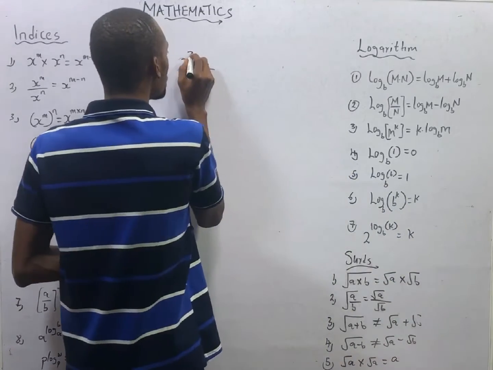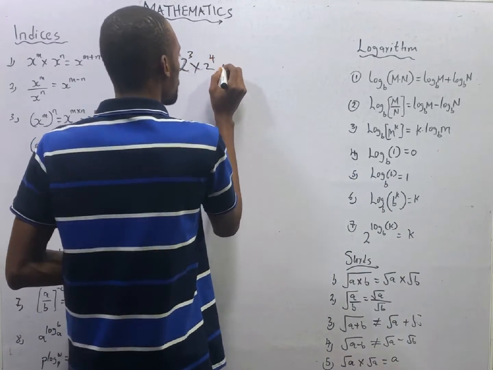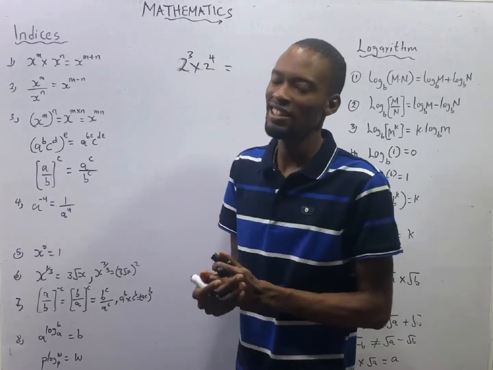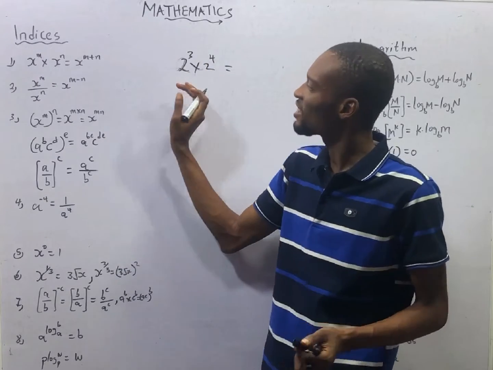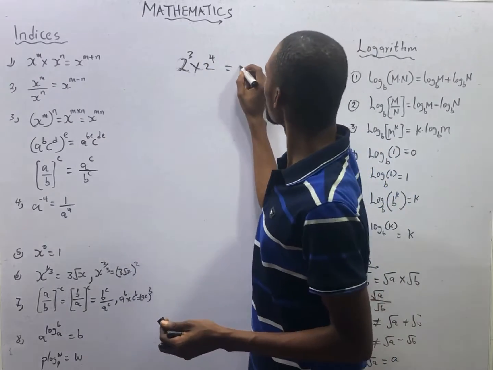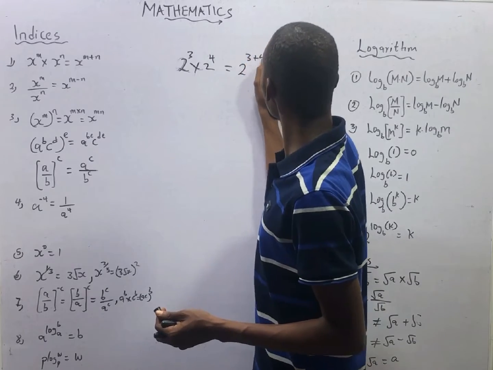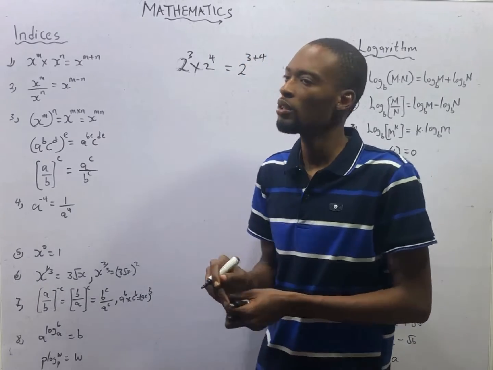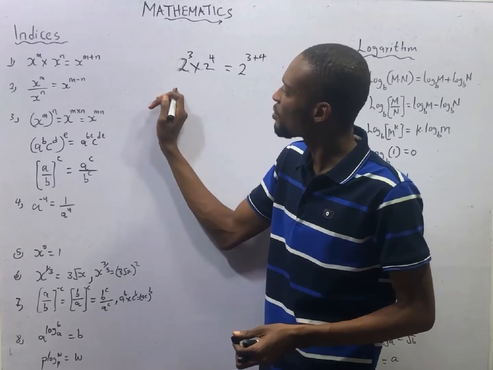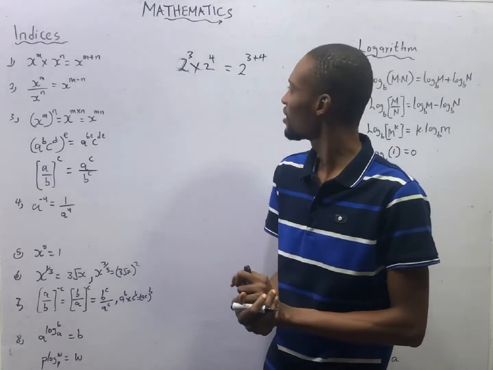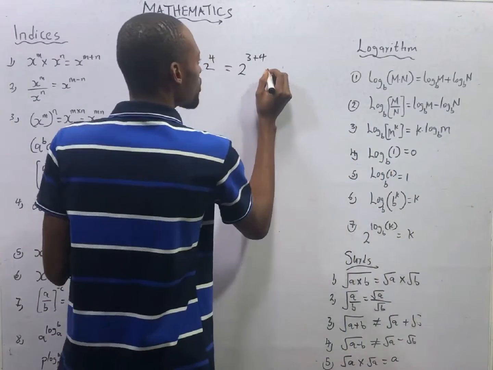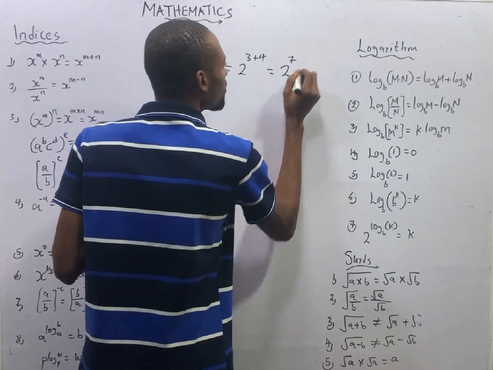So if you have 2 raised to the power of 3 times 2 raised to the power of 4, indices says that this is the same thing as 2 raised to the power of 3 plus 4. Since the bases are the same, you add the powers.